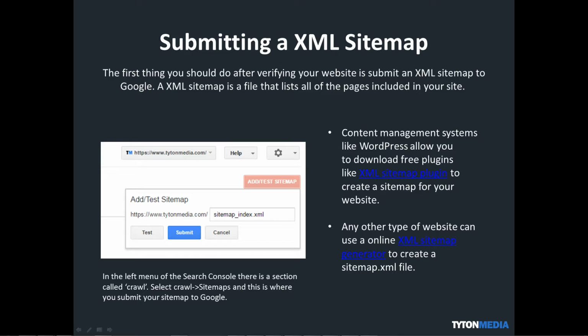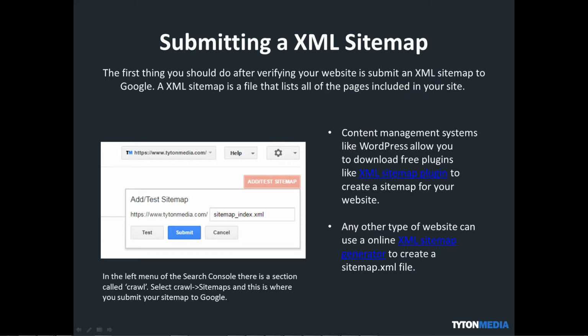So as far as creating your XML sitemap, if you're on a WordPress site, there's a ton of good plugins that you can download that automatically create the XML sitemap for you. We put a link here to a good plugin that we use that creates sitemaps for your website automatically.